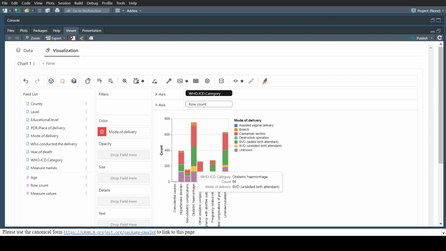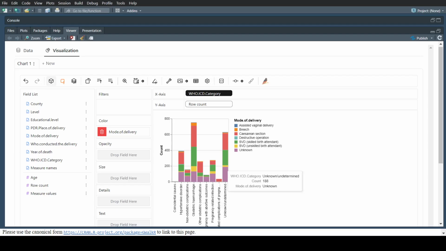And the yellow is normal delivery by an unskilled birth attendant. That could be a traditional birth attendant, anyone who's not skilled or formally trained in delivering women, for example, a nurse or a midwife or a gynecologist, and so on.